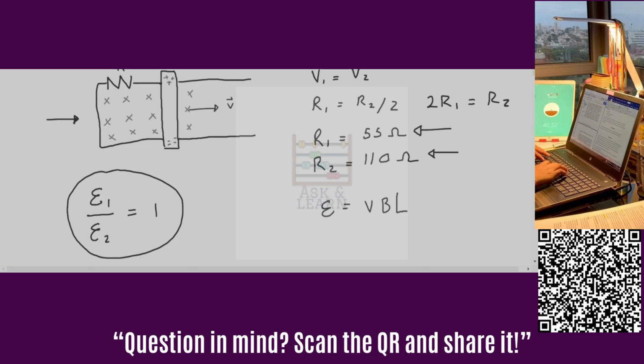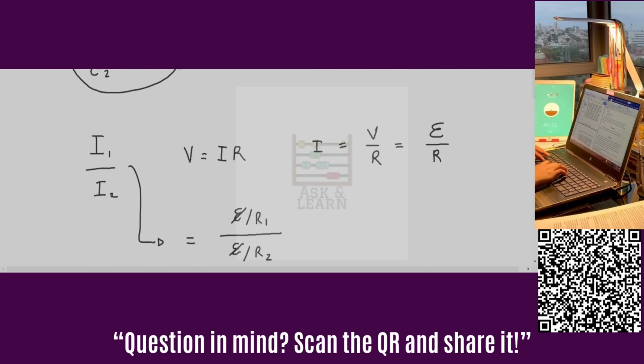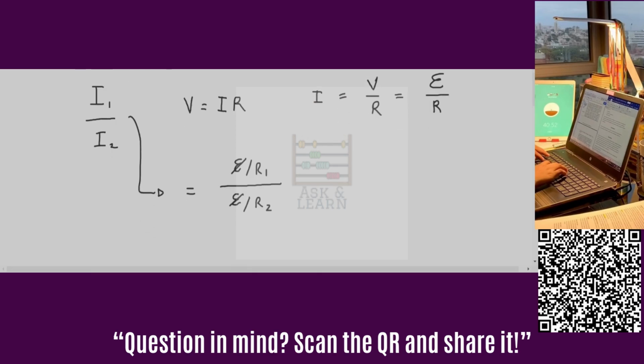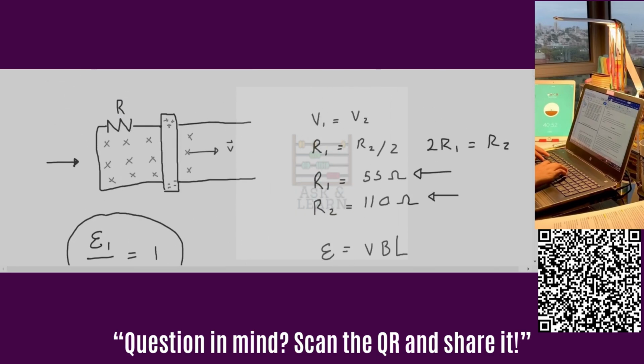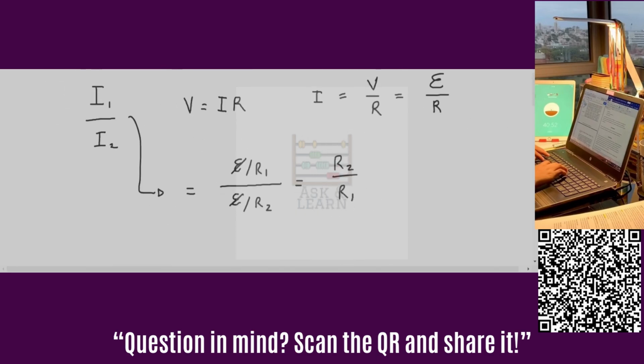Those are the same equation. So first let's simplify our equation here, right? We have a 1 over R1 divided by a 1 over R2. So we'll flip over that 1 over R2 up to the top, and we'll have an R2 over R1. And now we'll substitute our R2 for twice R1. So we'll have twice R1 divided by R1 will just give us 2.